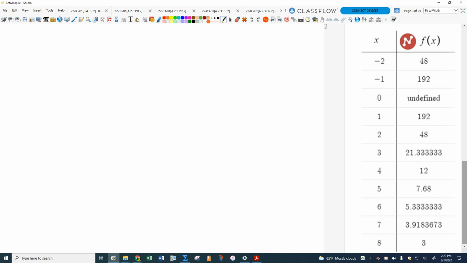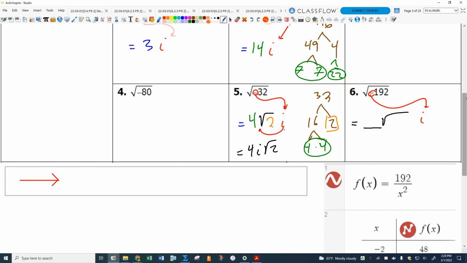So 192 equals 8 squared times 3, in other words. So I'm going to get a couple of 8s and a single 3. The left column always gives me the couples. The right column always gives me the singles. So then we could just write our answer here as 8's the couple, 3's the single, and I get an i at the end. Okay, if we want to use that little technology trick.